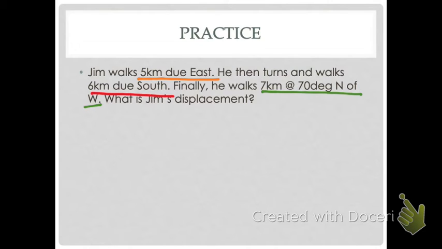Okay, we're going to start with this orange one here, 5 kilometers due east. I'm going to call that vector 1. All right, and I'm going to draw out just that vector. It goes purely east. So tell me what our first step is with our vectors.